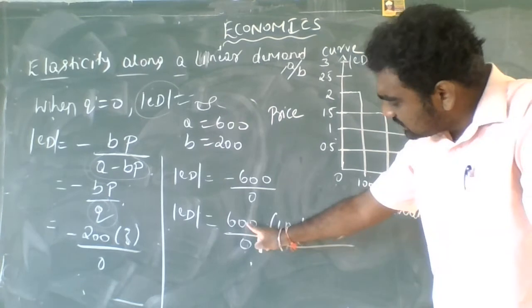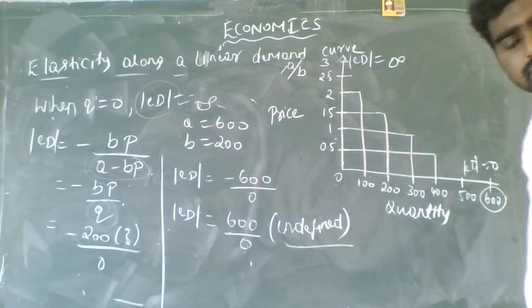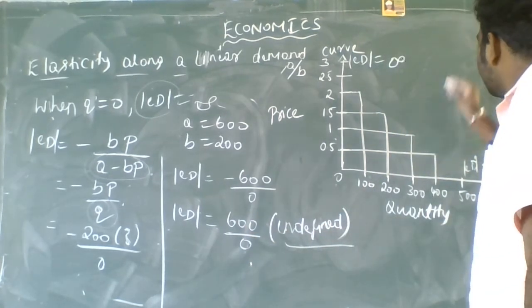Guys, why will you call 600 divided by 0 undefined?